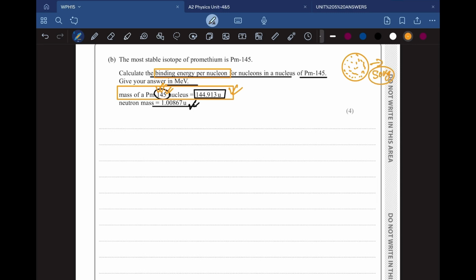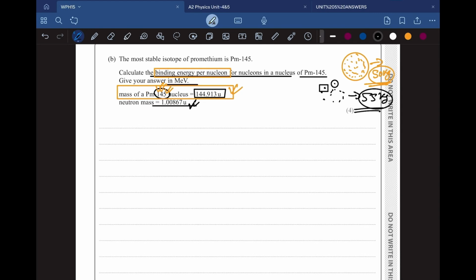But if you bring all these nucleons and measure each and every nucleon by itself and then add all their masses, you will get the value as 55 kilogram.